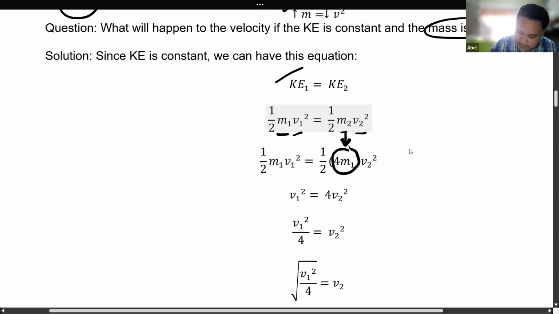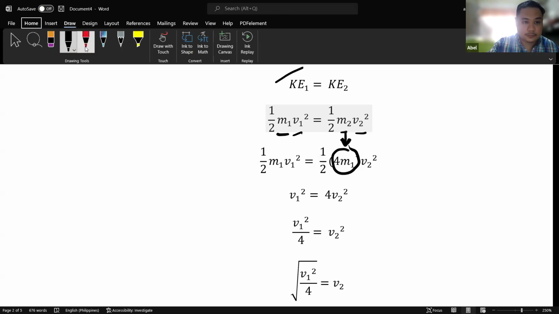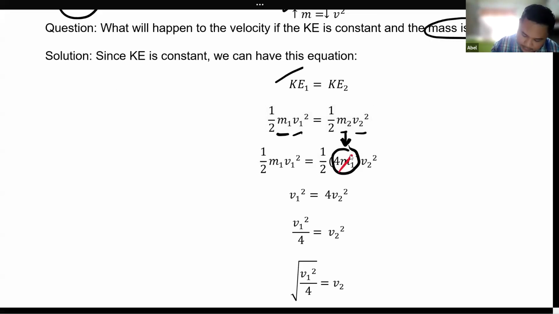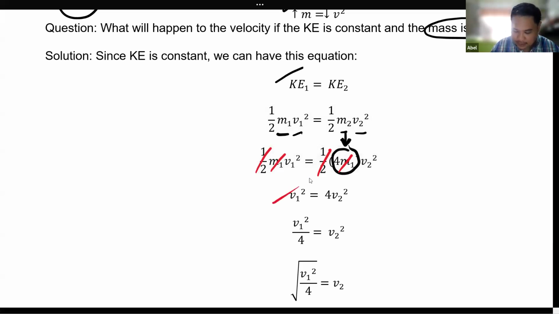And so if we look here, we can cancel out the mass, the m1 and the m1. And then of course we could cancel out the 1/2 until we end up with this v1 squared and then 4 times the v2 squared.